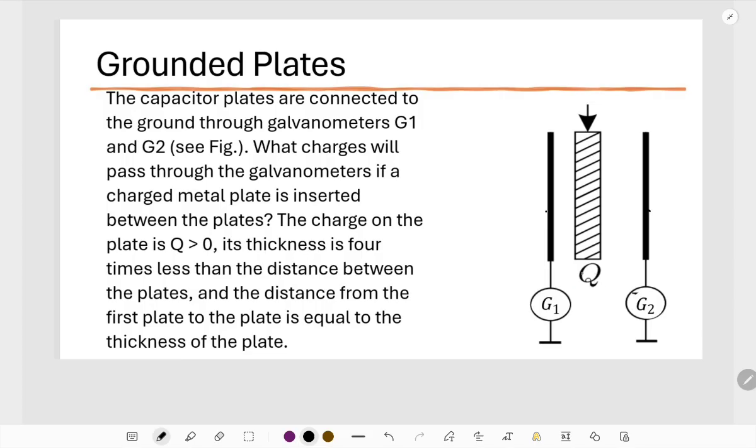This is a positive charge, and this Q is going to distribute over the surface of this metallic plate. You know why. Suppose you call the charge Q1 here and Q2 here, then you are going to write Q1 plus Q2 equal to Q. This is going to be your first equation, Q1 plus Q2 equal to Q.